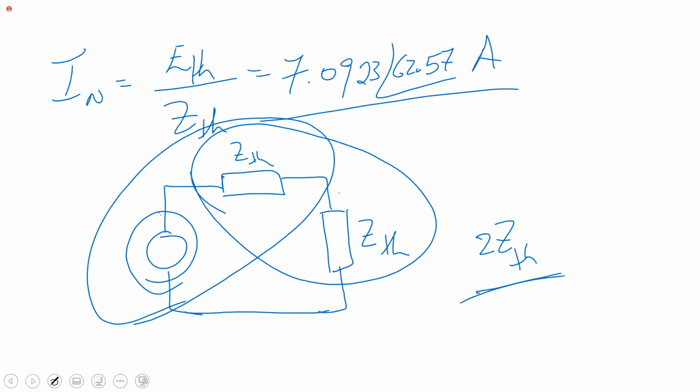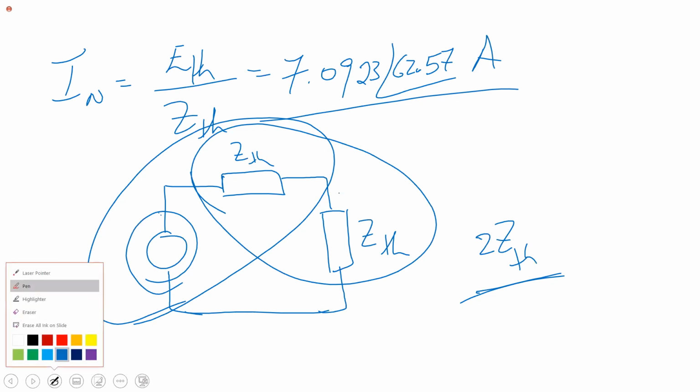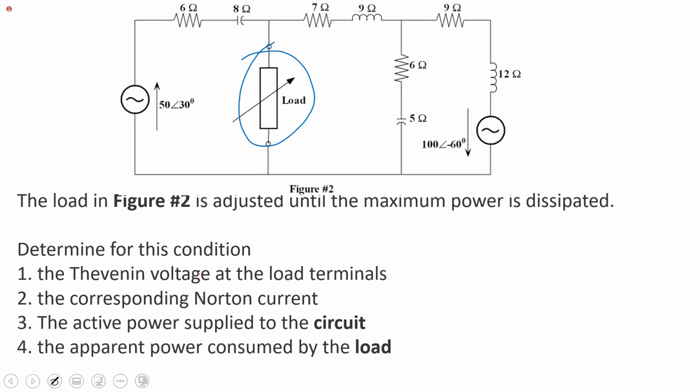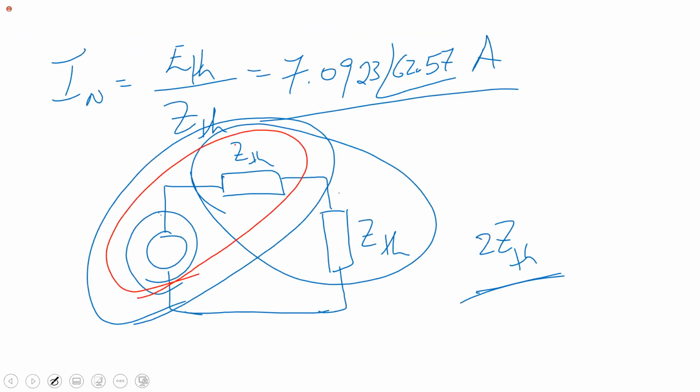I'm saying your Thevenin equivalent would have been this. You agree? Yes, sir. All right. So in other words, at this point, outside of this load, everything in the circuit is reduced to these 2.